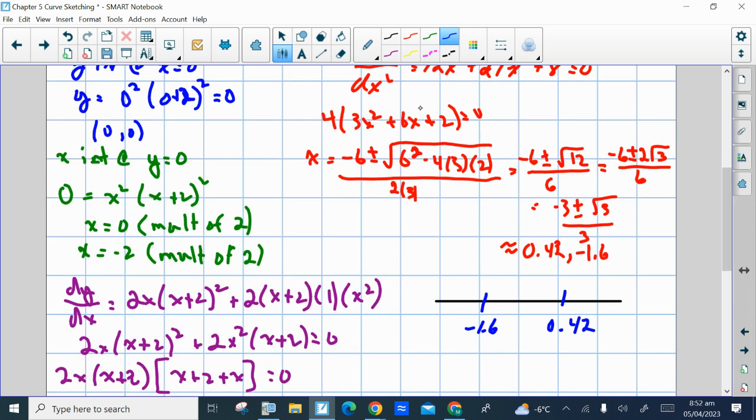So if I use the factored form, the first factor is positive 4. That's never going to change. When x is negative 2, though, negative 2 squared is 4 times 3 is 12. This will give us 12 minus 12, which is 0 plus 2. Second factor is positive, which tells us that the graph is concave up in that interval.